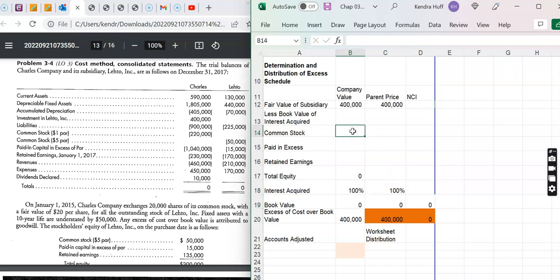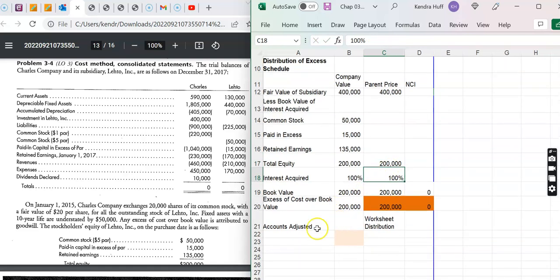All right, so they had 50,000, 15,000, 35. So there's that.